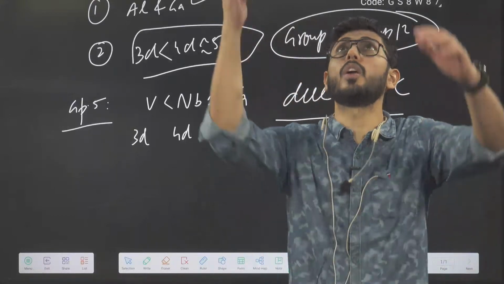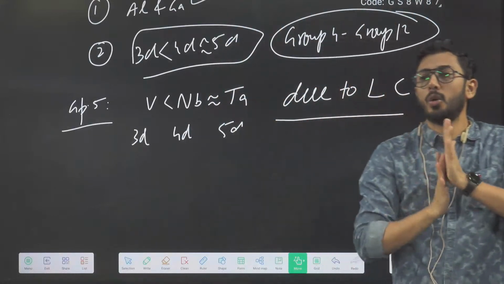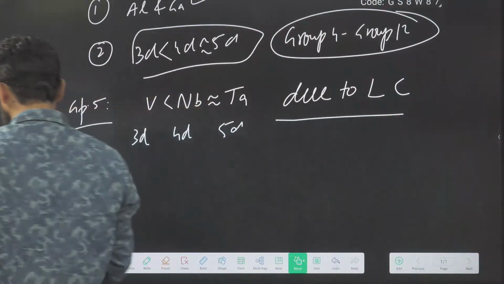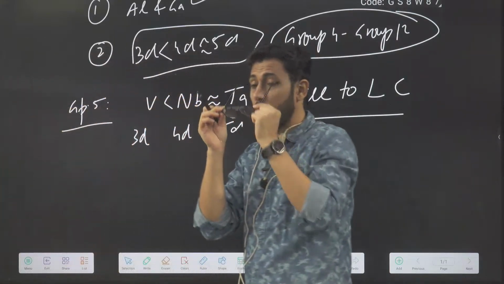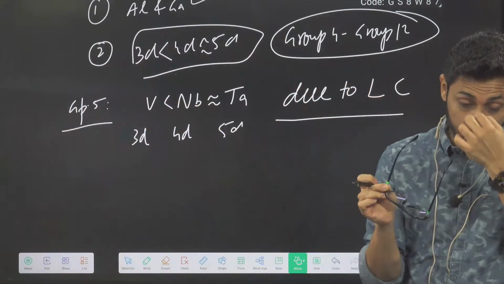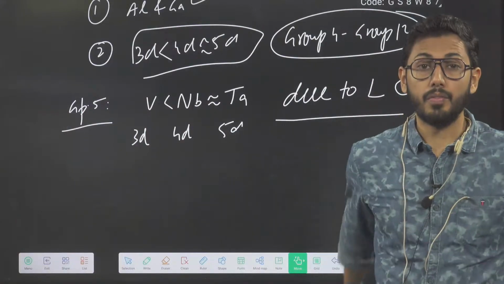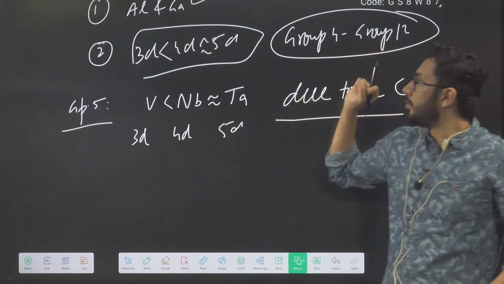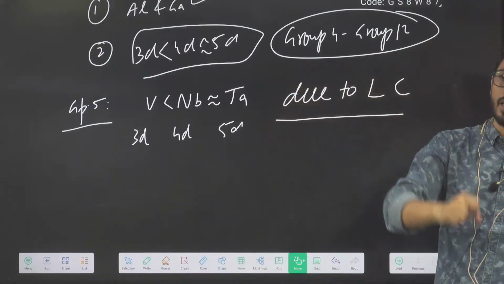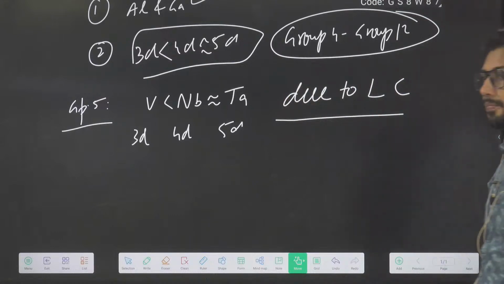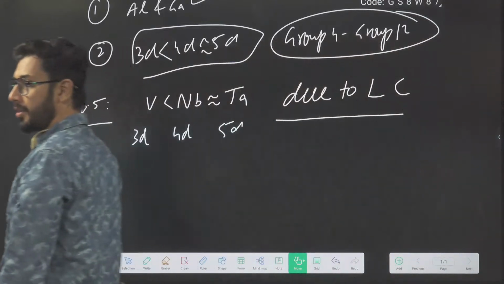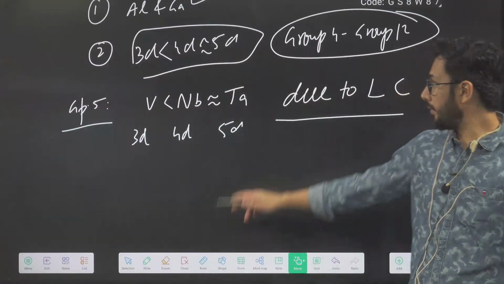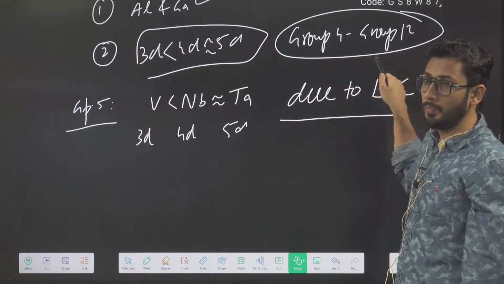Recall fast. Yes, very good. Poor shielding effect of f electrons in the 5D series increases Z effective, which leads to contraction in the size of 5D series elements. That is lanthanide contraction. आया याद? It works from group 4 to group 12.